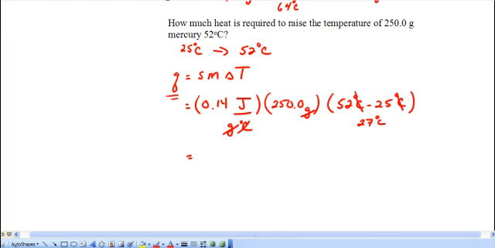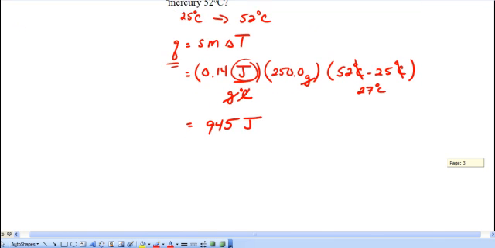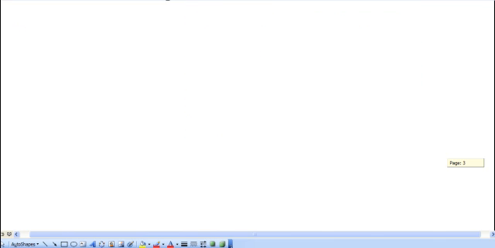So let's multiply that by the 27. And it looks like it is 945, and the units on that will be joules. So it'll take 945 joules to raise 250 grams of mercury from 25 degrees Celsius up to 52 degrees Celsius. That takes us to the end of 17.1.